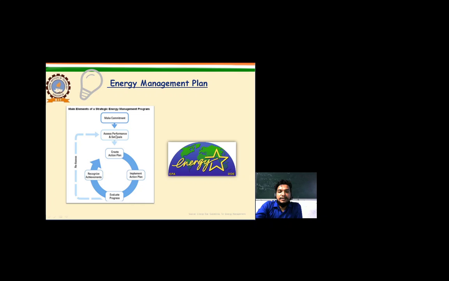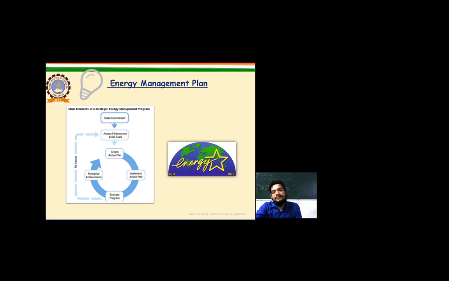Now we proceed to create the action plan, and after creating the action plan we go for the implementation. After the implementation, it will be evaluated, and all those things would be evaluated step by step.